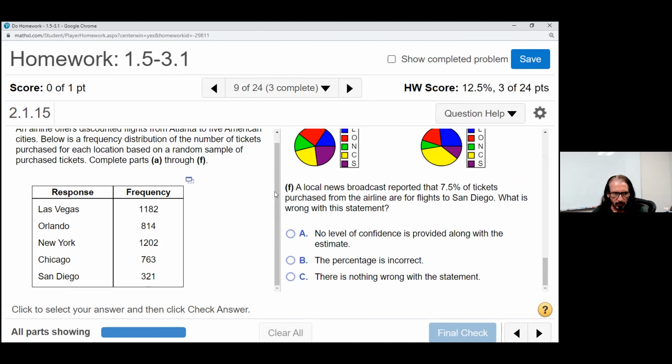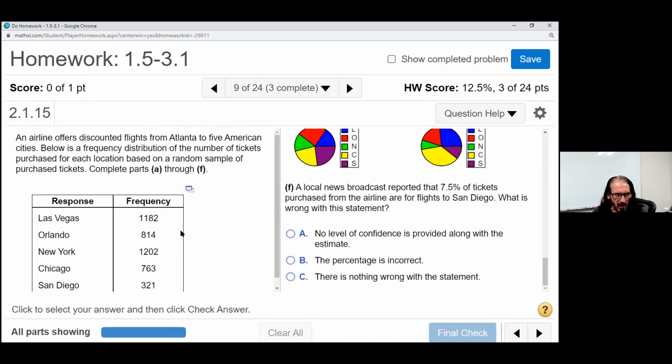However, that was from a sample of 4,282. So they're trying to make a prediction about the population on the basis of a sample. They should give a level of confidence to go along with that estimate.